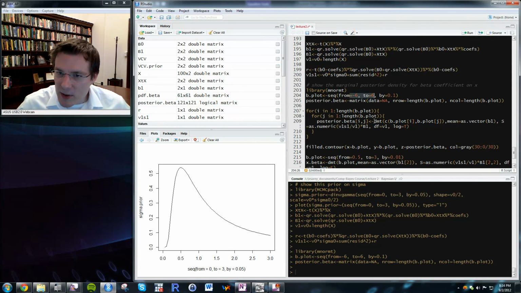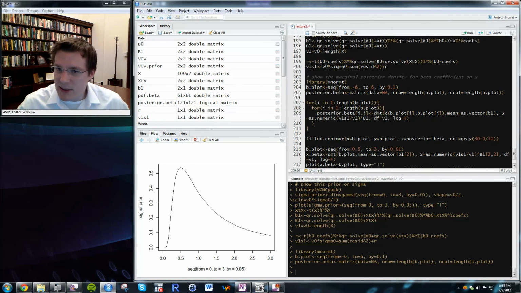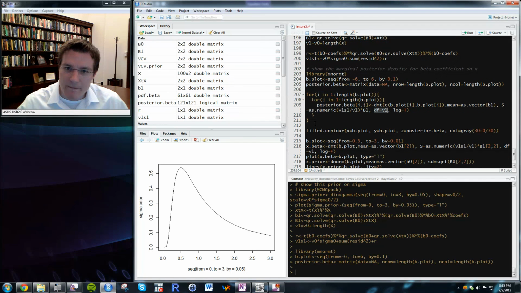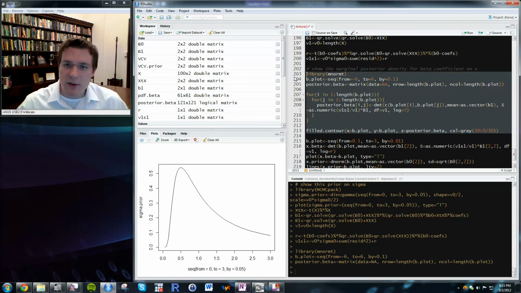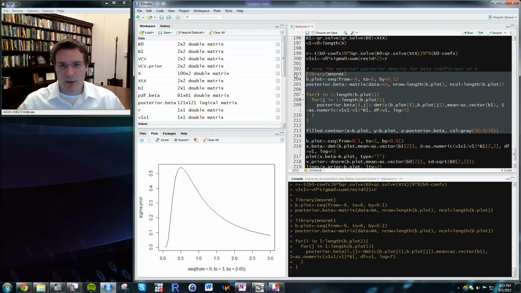And for each possible combination of intercept and x coefficient parameters, I'm going to calculate the multivariate t density for each one of them, centered around a mean of b1, which is one of those quantities we calculated from the Jackman book, and setting S equal to, again, some quantity from the Jackman book, df equal to v1 here. And then I'm going to use a filled contour plot to depict this. This will take just a second to run.